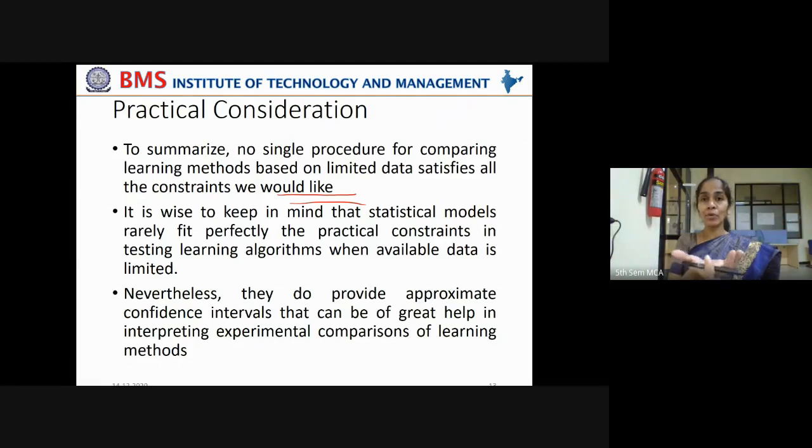Based on the approach you select for cross-validation, the approach you select to choose between the learning algorithms, and the evaluation metrics, you will have to decide which learning algorithm best suits your context, which best suits your data. Okay, so this is not a 1 day or 2 day process. When you're asked to develop a machine learning model, you have to work on it iteratively for many days in order to find out the best performing algorithm, making some assumptions.